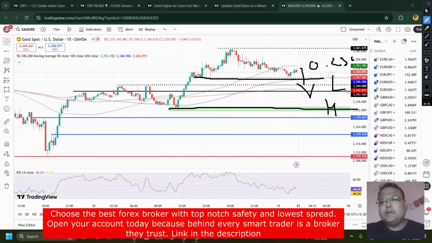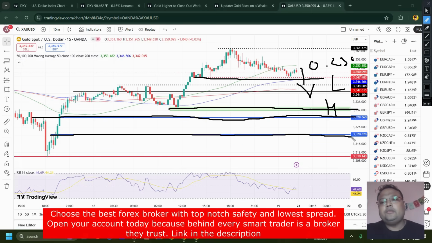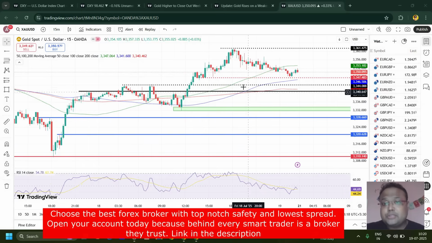And we also have support around 3328 because of the Fibo 61.8% retracement level, and a support around 3320 because of Fibo 78.6 plus the previous resistances working as support here. So these are the levels where we can look for a buy position.